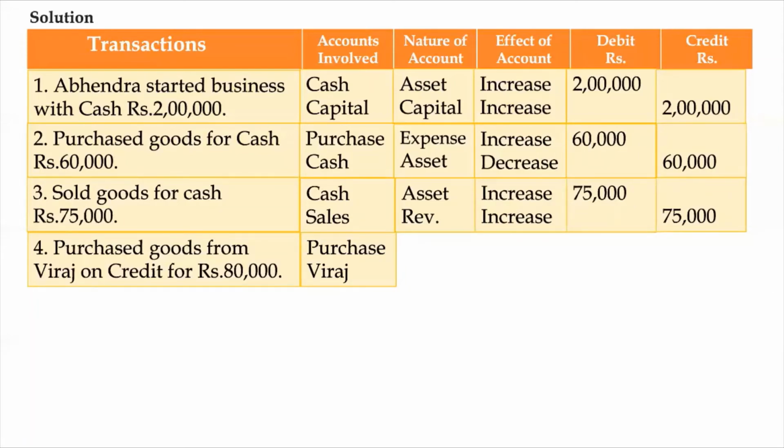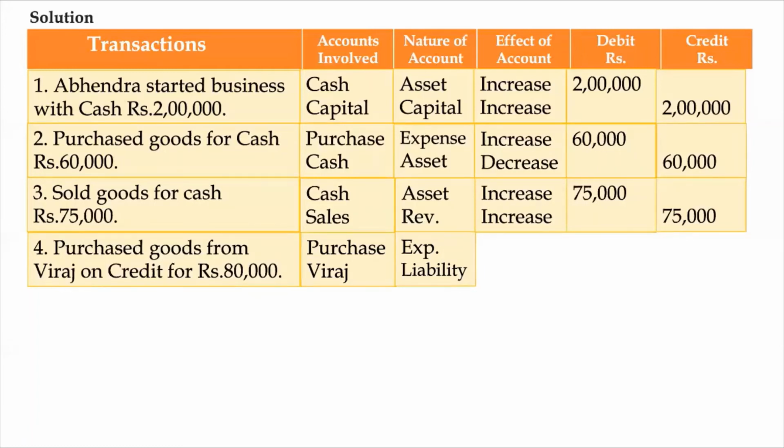So here purchase is what? Purchase account is expense. Okay, and Viraj is liability, because he is the responsibility that you have to pay after some time. 80,000 rupees have to be paid to him. Okay, so purchase is expense and Viraj is liability.